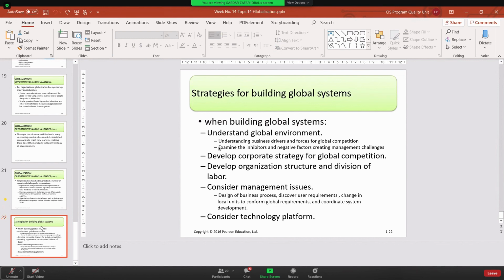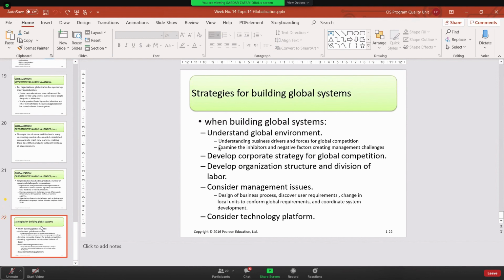And management issues, design of business process, discover how user requirements change in local units to conform to global requirements, coordinate the system development, all the processes that are actually required. You must go through that and try to find the issues, the risk management, and how to solve those issues.